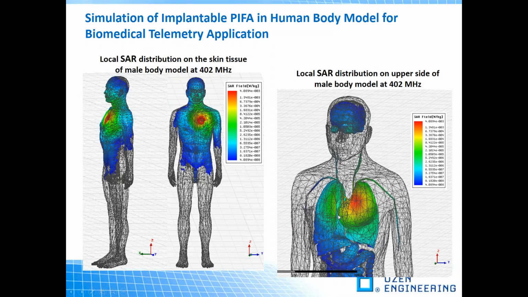And here is the SAR measurement for internal organs. These values are all lower than the FCC standard. So basically this kind of simulation gives you a rough idea of the SAR level of your device before you build a physical prototype and test it in the lab.